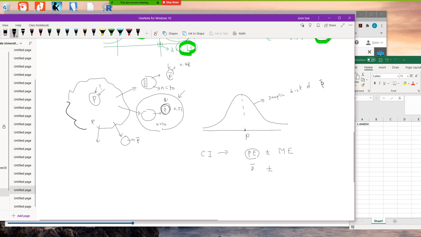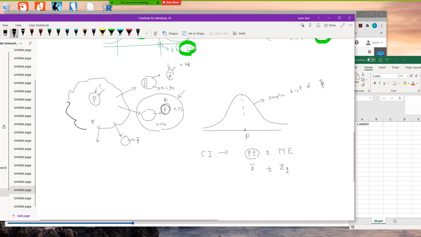And what is the marginal error? It is a z critical value, z alpha divided by 2, and you know that alpha is the level of significance. This time we are not using the t distribution.